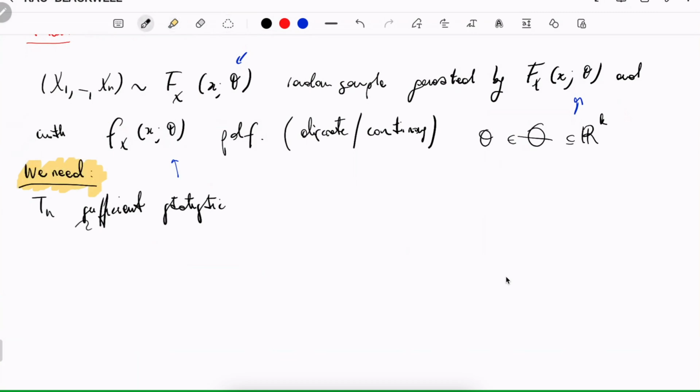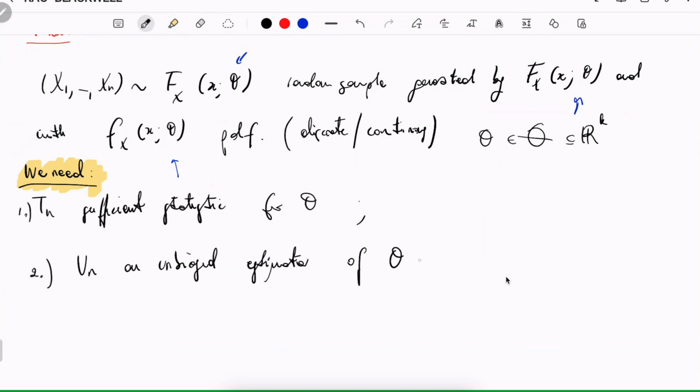A sufficient statistic for theta, and as we said, we need an unbiased estimator of, obviously, our parameter theta.